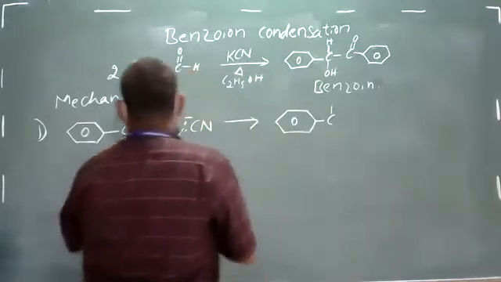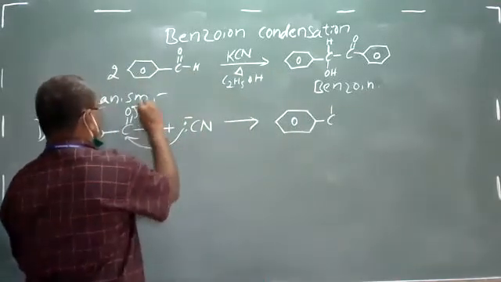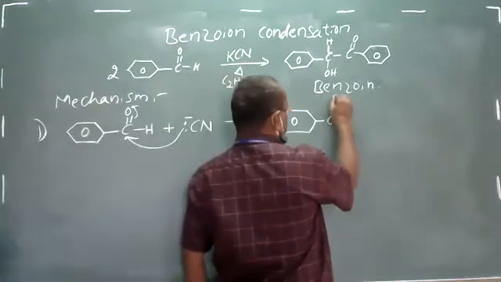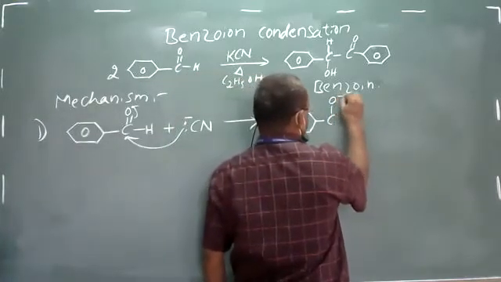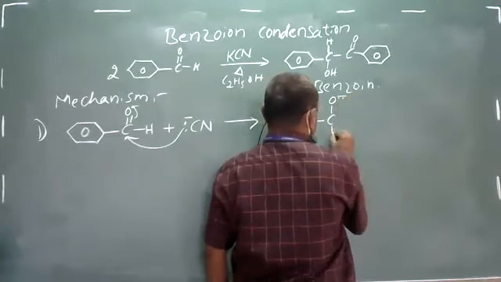So when it attacks, this will try to form an oxide. That pair of electrons will move towards oxygen to form an oxide ion.